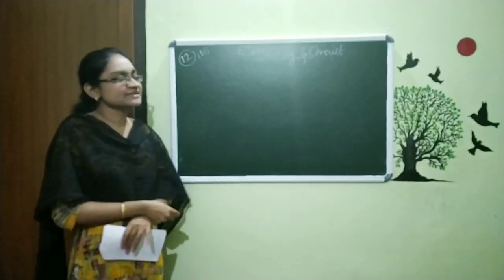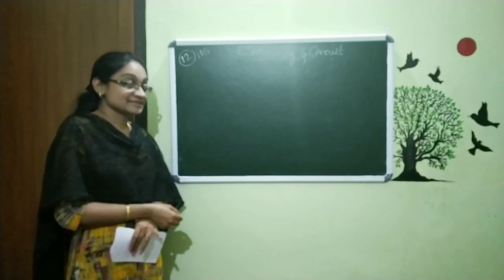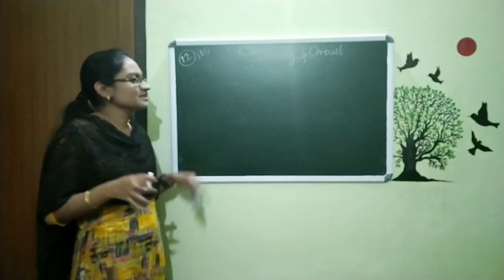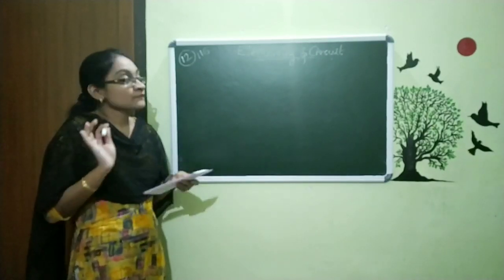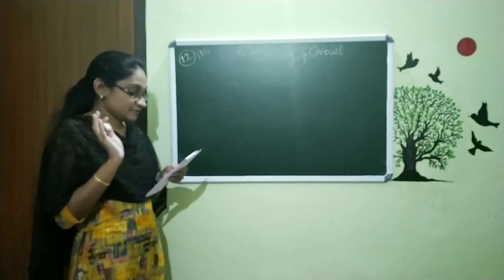So this is one simple chapter. We are discussing some basic things about electricity, battery, circuits, wire, the bulb, some simple things. So our chapter name is electricity and circuits.